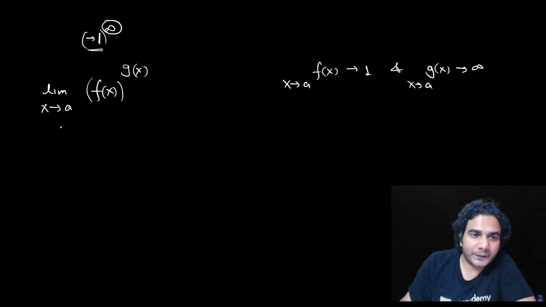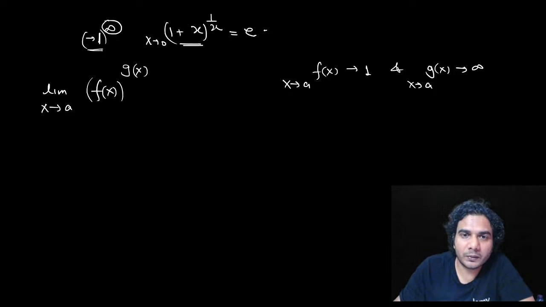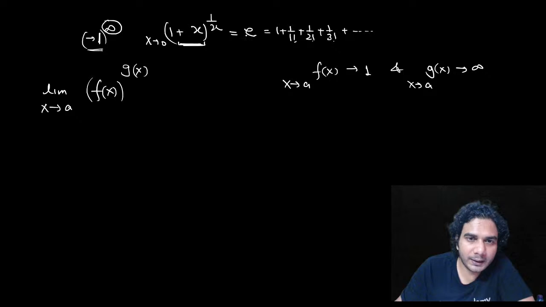All right, so first of all, let me tell you one thing, that (1 + x) raised to 1/x, when x approaches to 0, this limit is equal to e. If you expand it binomially and put the limit, it is going to be this value, 1 plus 1/1! plus 1/2! plus 1/3! and so on.